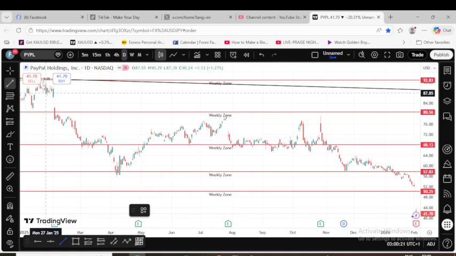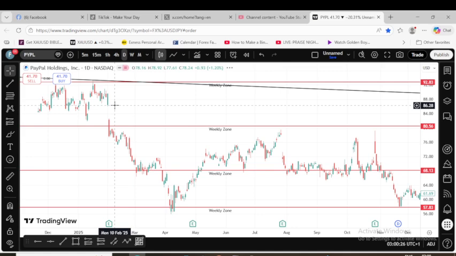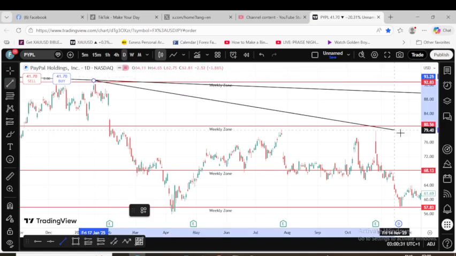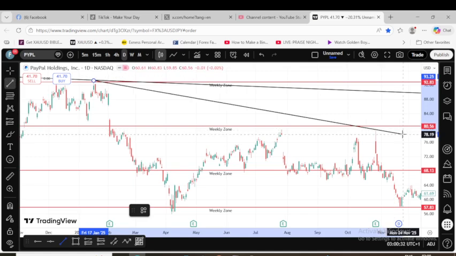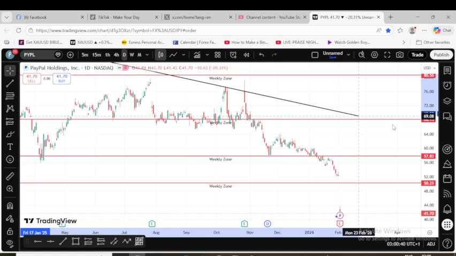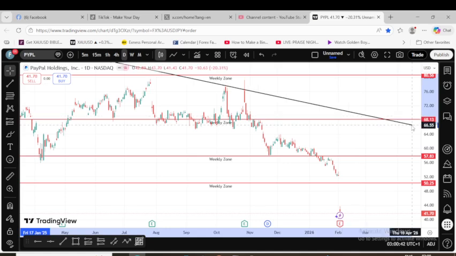For one, it seems that we can draw a trend line from here, something like this. This will be our daily trend line.